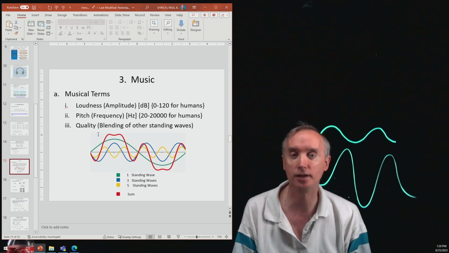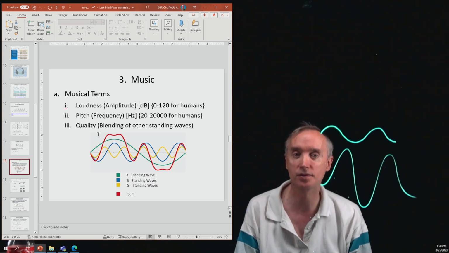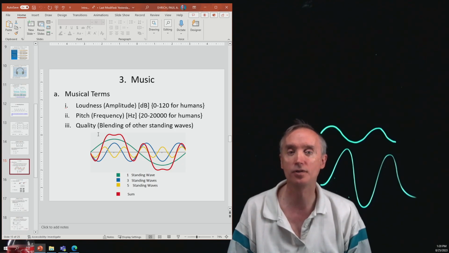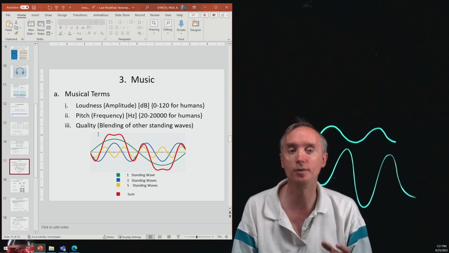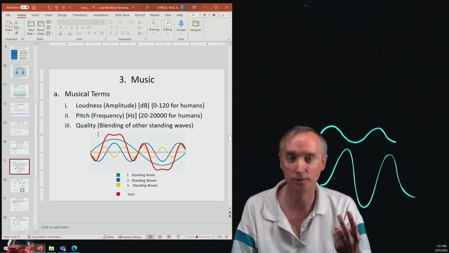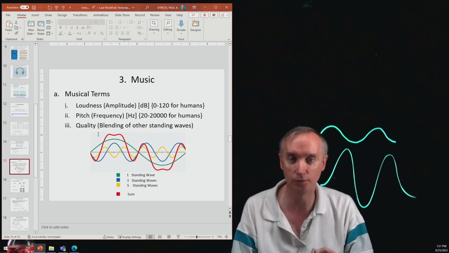Now, quality is the most confusing. Quality is the blending of the various standing waves produced by the musical instrument. What we've been doing is adding at most two waves together. But music consists of many, many different frequencies, and they're all blended together.